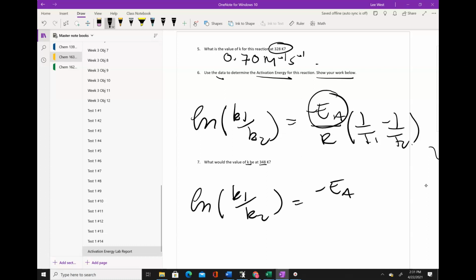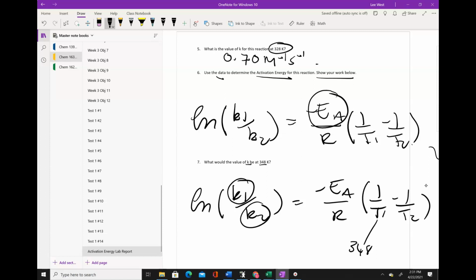But now we have Ea, and we're going to be solving for one of the k's when we're at 348. So what do you put in for your other k2 and T2? Well, you could either put in your data for 398 or you could put in your data for 328, whatever you want. You could do it twice and average the result if you really wanted to. The important thing is that your k at the higher temperature should be even bigger again, right? So it should be bigger than what you got at 328 K.